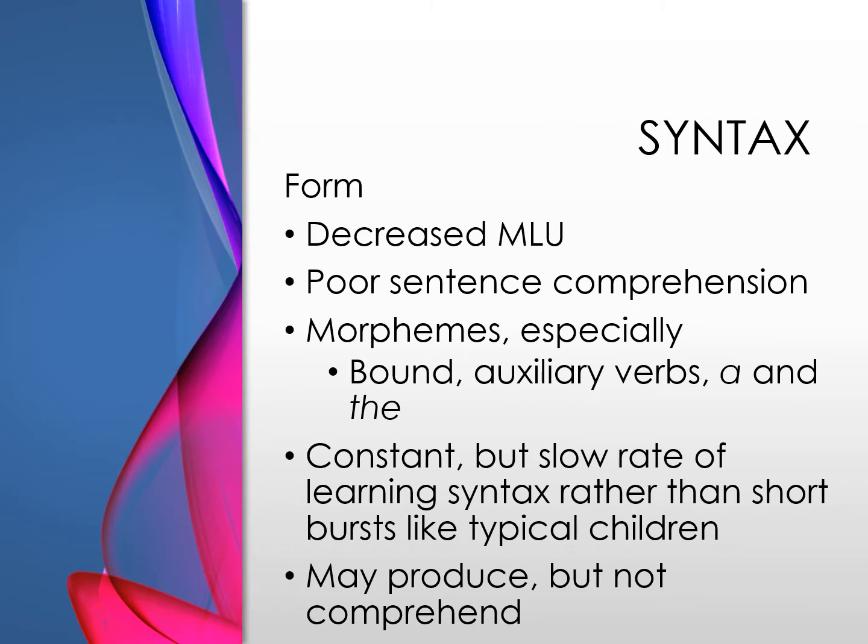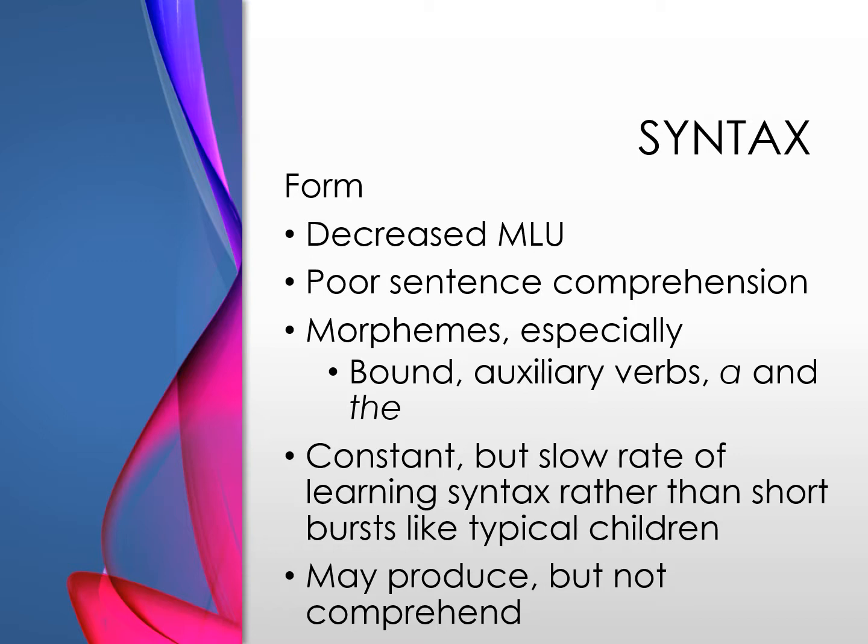In the area of syntax, an overall decreased mean length of utterance is seen. Characteristically, the children with learning disabilities will have short sentences and have difficulty with sentence comprehension. We see that these children might have difficulty with receptive and expressive understanding of syntax. Receptive understanding comes into play with oral communication and in reading.